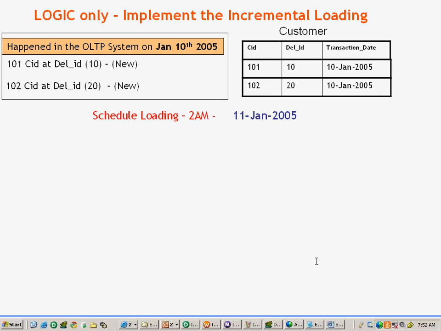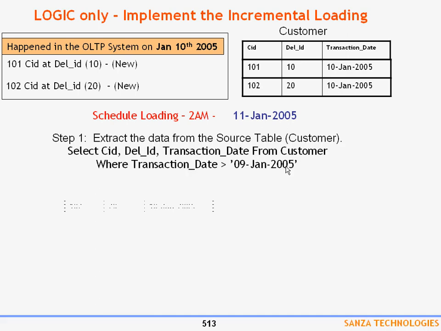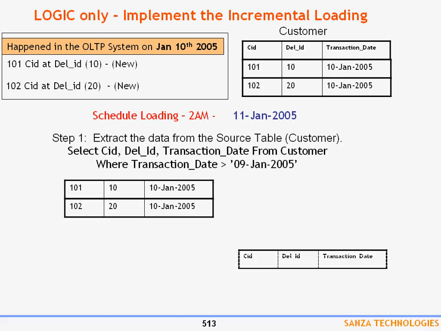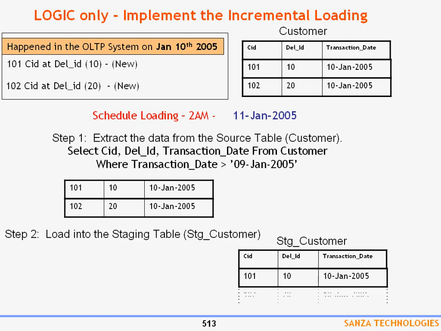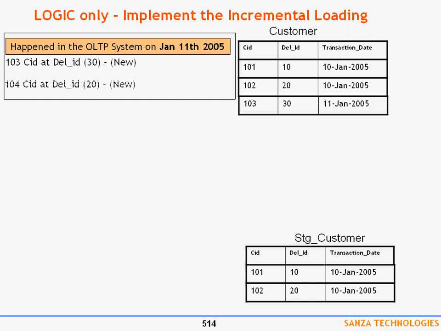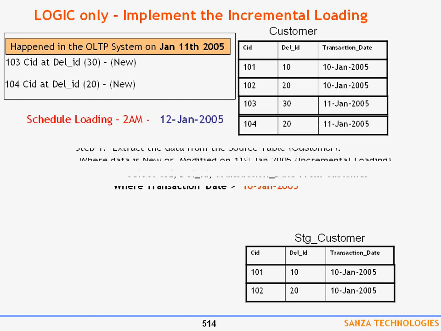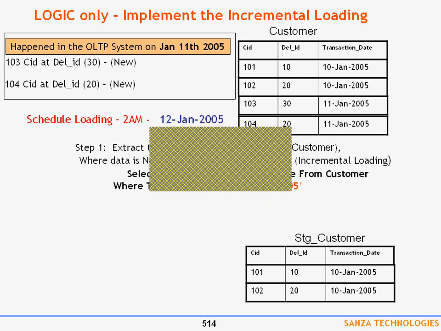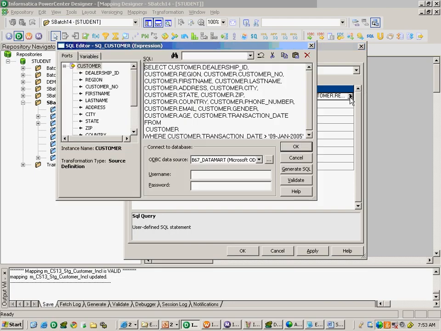At runtime, you will get 10th January data, you load it into your staging customer table. Next day, 11th January data has been added. Next day, you go to your source qualifier, change it to 10th January 2005.